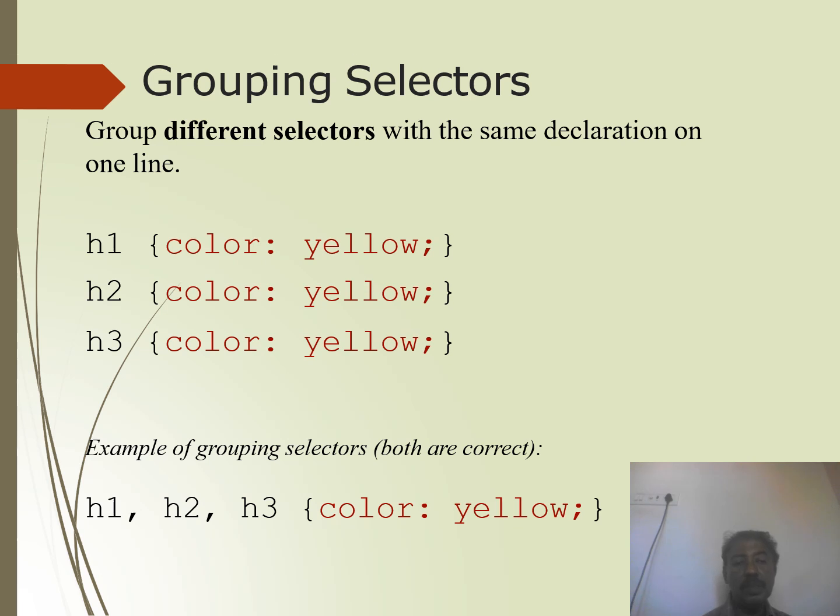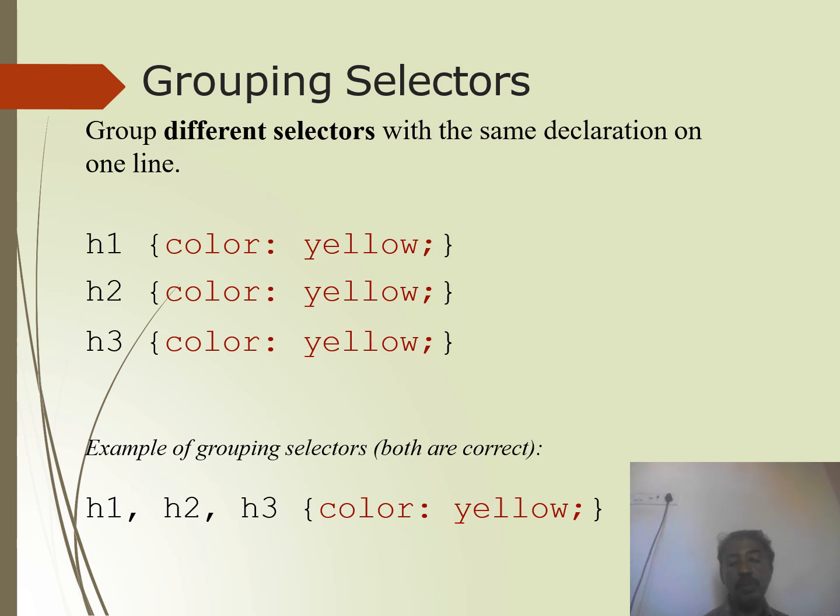Then next, this is the example for it. Therefore, how we are using it. Actually, in this we are showing that grouping the selectors is also possible. Therefore, H1 is the color yellow, H2 is the color yellow, H3 is the color yellow. Therefore, for different selectors we are using the same color, but it is possible to group them.